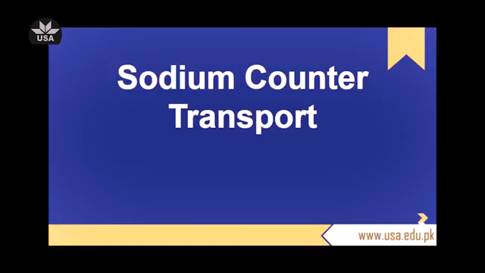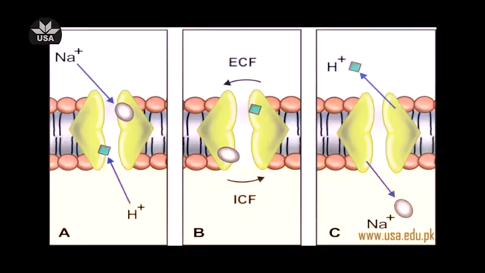Various counter-transport systems include sodium-calcium counter-transport. In this, sodium and calcium ions move in the opposite direction with the help of a carrier protein. This type of transport of sodium and calcium ions is present in all the cells.